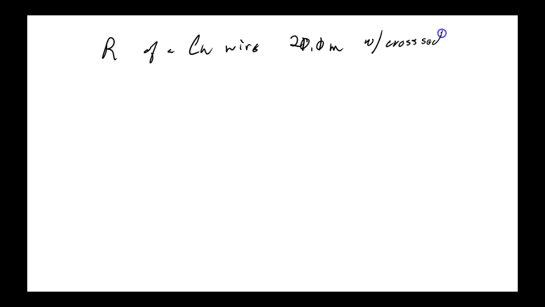Example 1 here, find the resistance, so we're looking for R, that's resistance, of a copper wire, Cu is copper, okay, 20 meters long, wow, that's one long wire, 20 meters long, with a cross-sectional area of 6.56 times 10 to the minus 3 square centimeters.